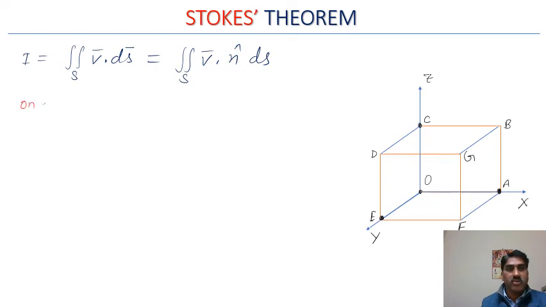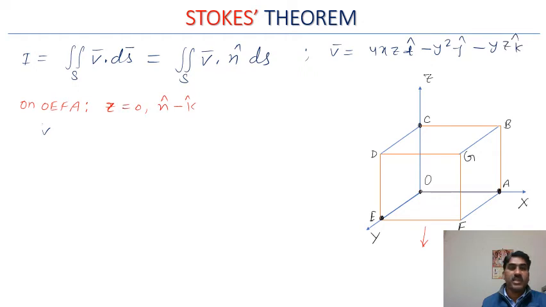On OEFA, you can see here z is 0, and what is the surface normal? This is the plane xy, so its surface normal will go in the below direction, opposite of k. So this surface normal is minus k. What we get for V dot n: V, you already know, is the vector 4xz i minus y square j minus yz k.